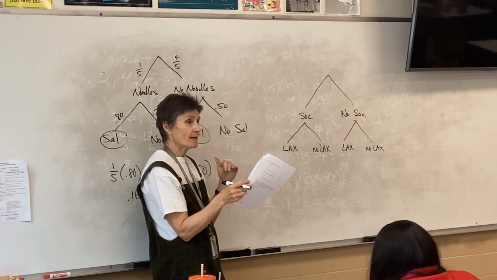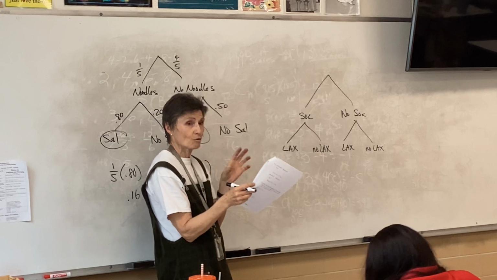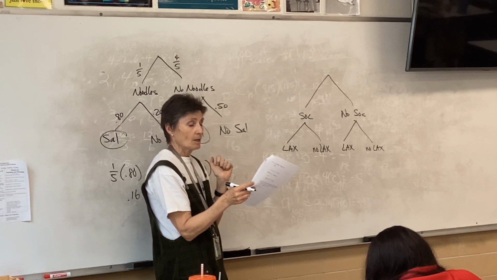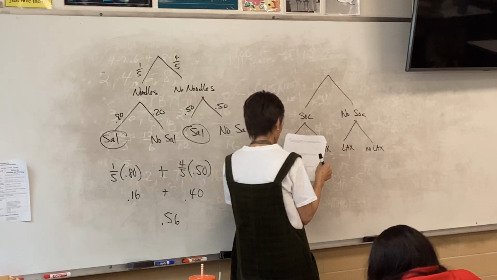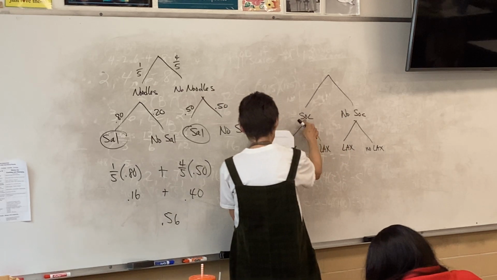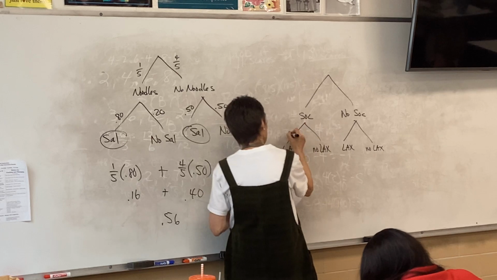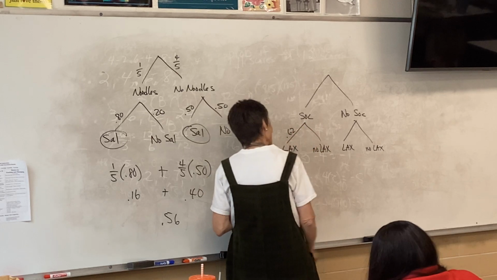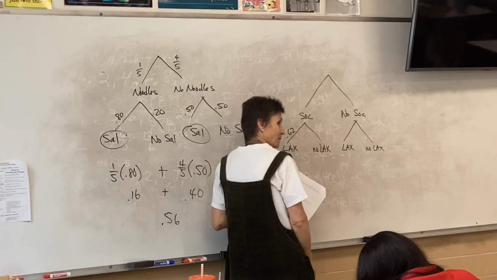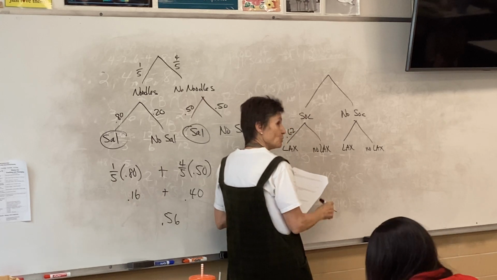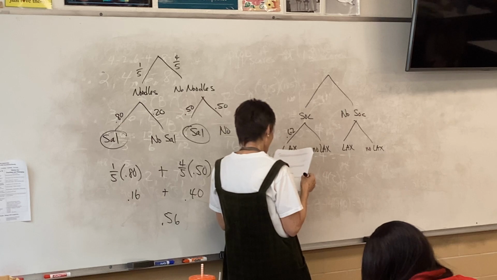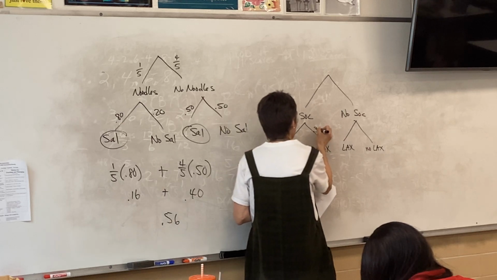Is everybody okay fundamentally with the structure of the tree? Okay, so here we go. If a student plays soccer, there's a 62% chance he'll play lacrosse. Thank you for reading it for me, I appreciate that.